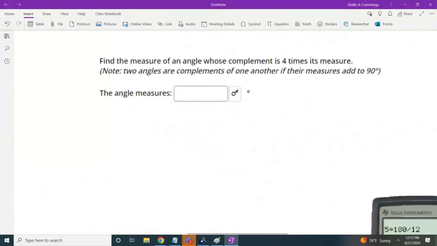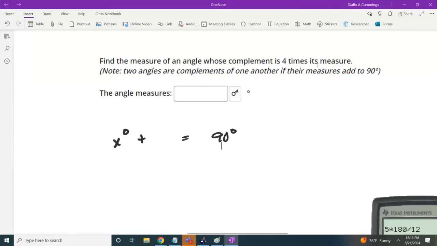Okay, there it is. All right, so I'm going to write this out as x degrees because that's the angle I don't know. Complement means when you add 2 angles together, you get 90 degrees, right? I don't know my angle. That's unknown.